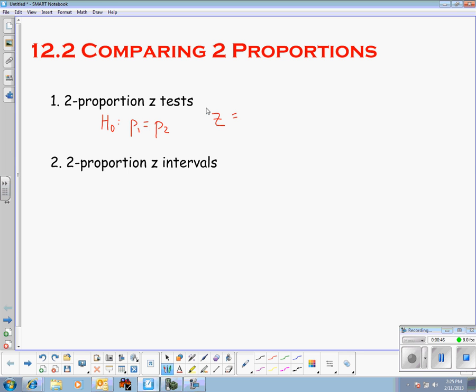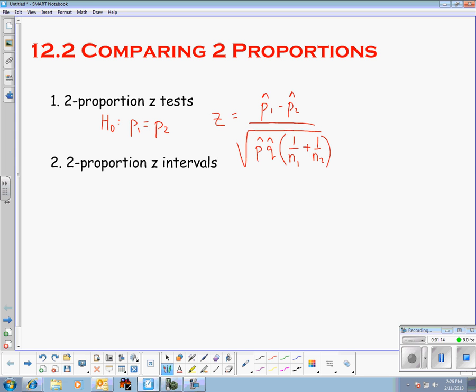Your statistic is going to be P1 hat minus P2 hat, or the difference in your two sample proportions, over the square root of P hat Q hat, and again, your book uses 1 minus P hat, I like Q, times 1 over N1, sample size of sample 1, plus 1 over N2.